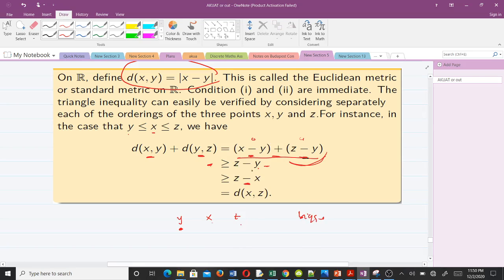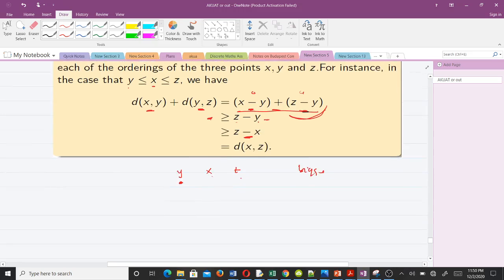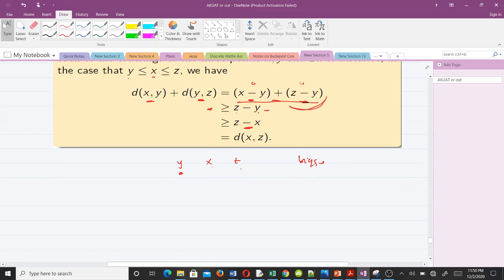Okay, so that's the reason why z minus y is bigger than z minus x. Okay, sorry for the wrong statement I made earlier, a slip of tongue. So you could see that this is the same as the distance between x and z, right? So that means that we've been able to prove the inequality.